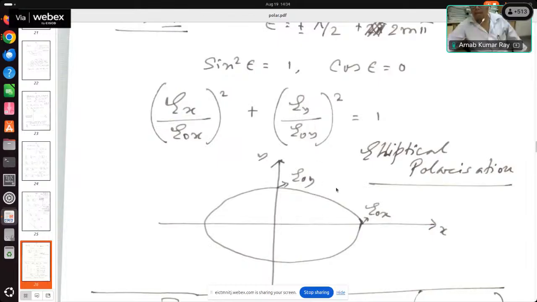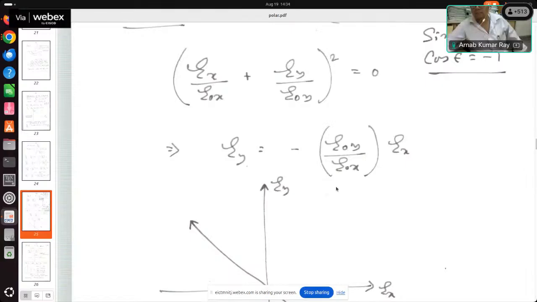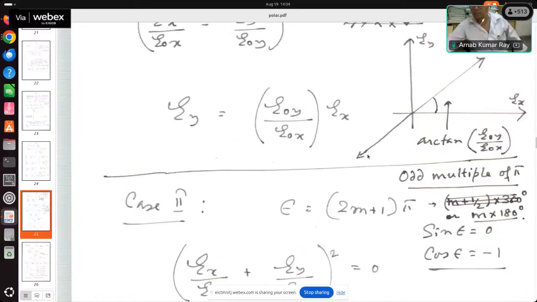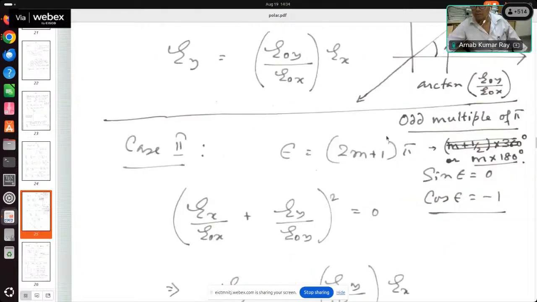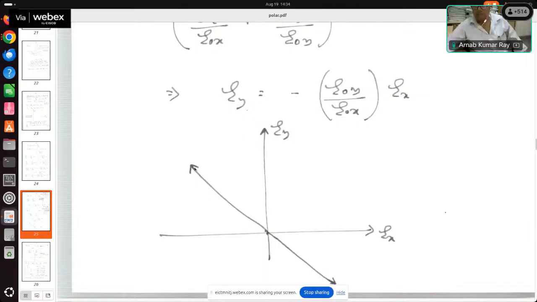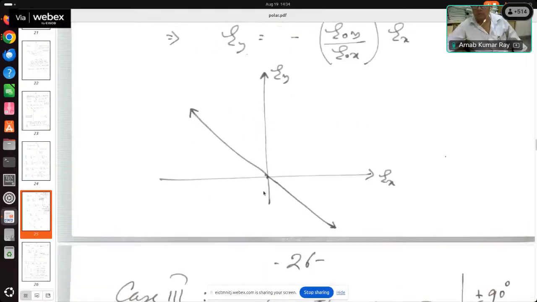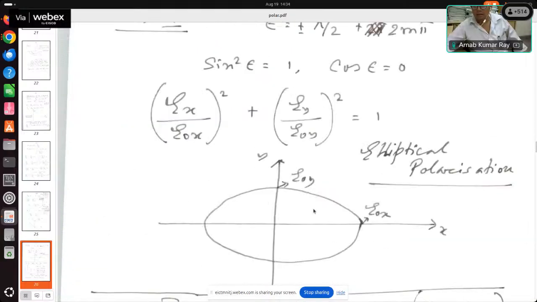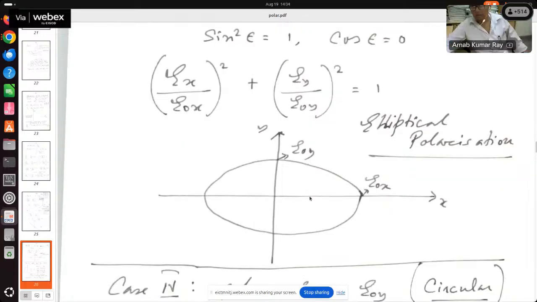Earlier, in the two previous cases, the tip of the electric field vector would oscillate up and down this line in the first case, and up and down this line in the second case. But here, the tip of the electric field vector will trace this elliptical path, with major axis E naught x and minor axis E naught y.